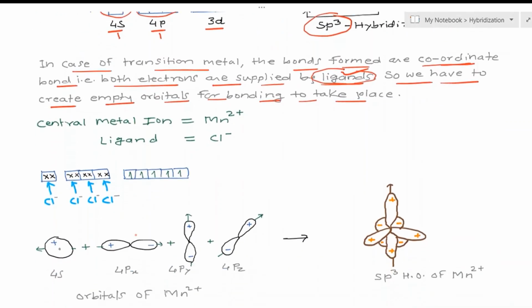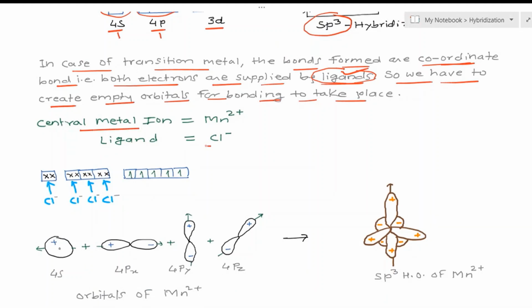In this complex, Mn2+ is called the central metal ion and Cl- is called the ligand. A ligand forms the coordinate bond with the Mn like this. So 4 Cl- are there, each donates 2 electrons and a coordinate bond is formed. So there is a difference between CH4 and MnCl4 2-.